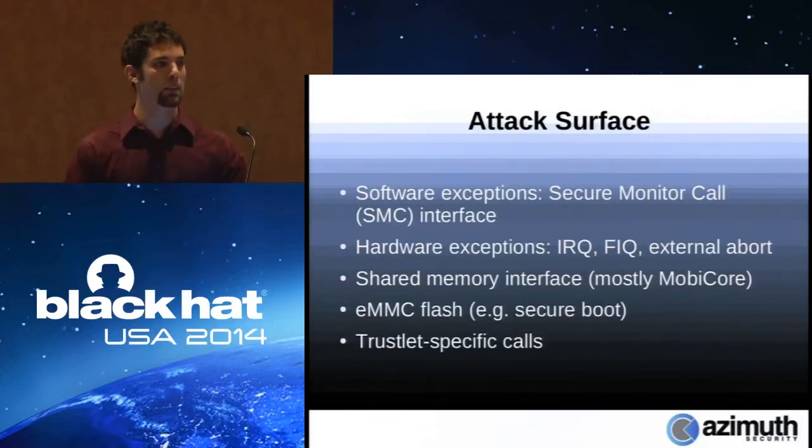I did spend some time looking at a number of these and found a high amount of low-hanging fruit, somewhat trivial and easy to exploit vulnerabilities in these trustlets, probably because the vendors that are authoring them likely don't have the same kind of security engineering culture as an organization like Qualcomm might.